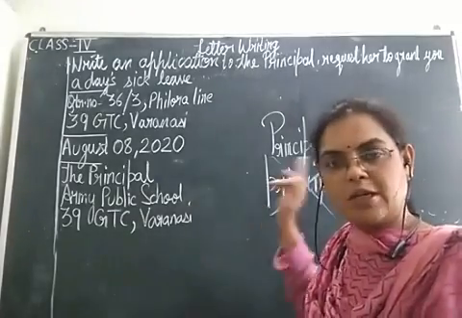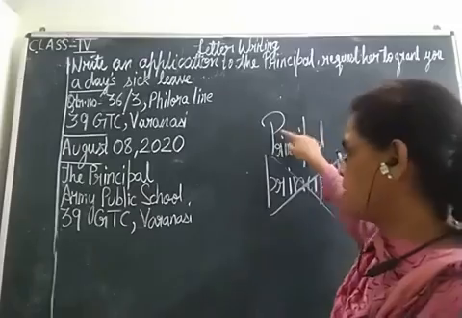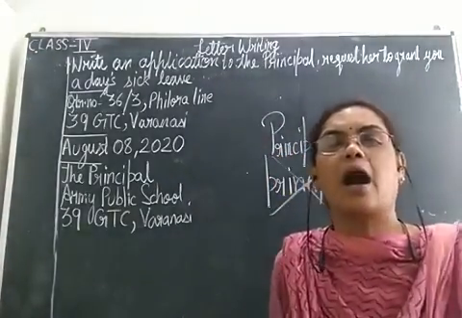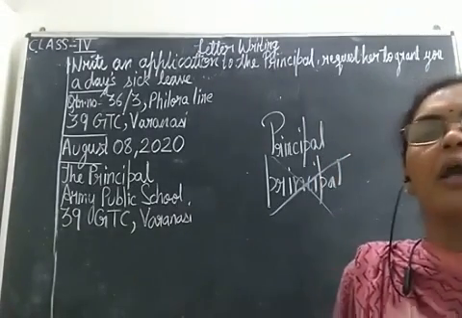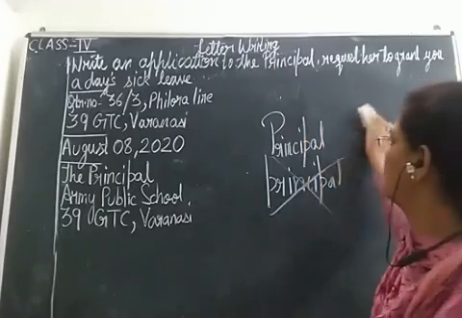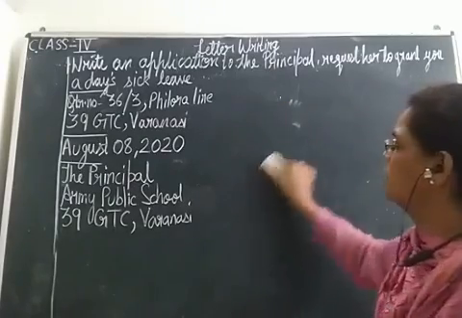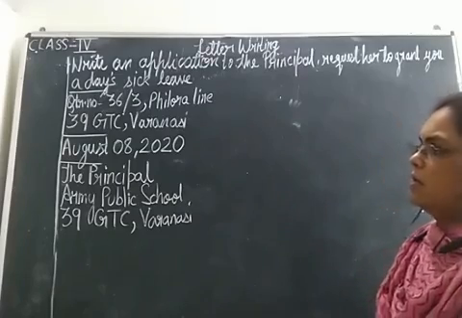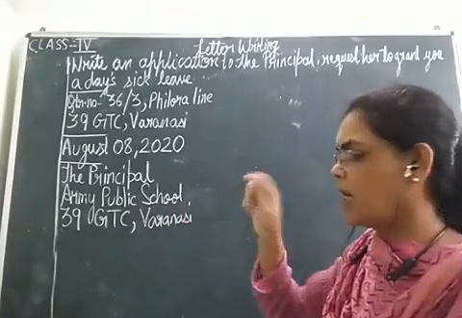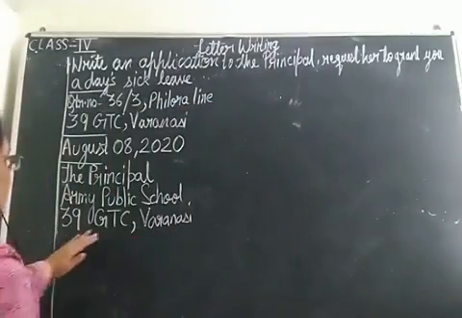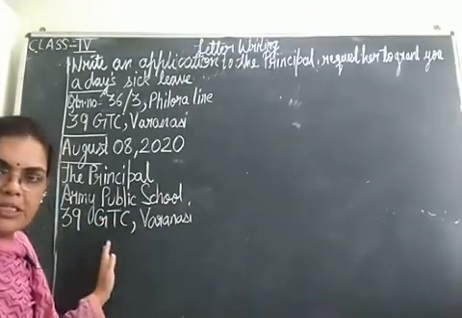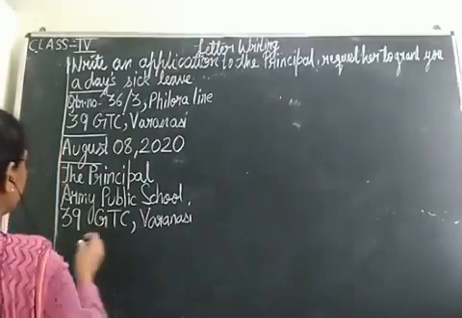Class 4 students must remember that principal P is always capital and the spelling of principal is P-R-I-N-C-I-P-A-L. Got it? So, the principal, Army Public School, 39 GTC Varanasi. This is the receiver's address. Since we are writing the application to the principal, our receiver is the principal.